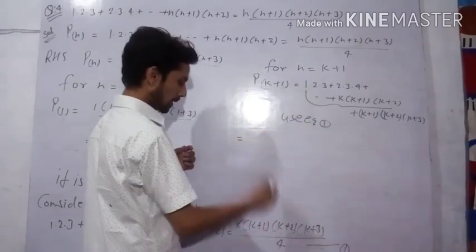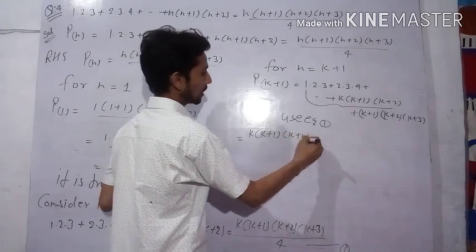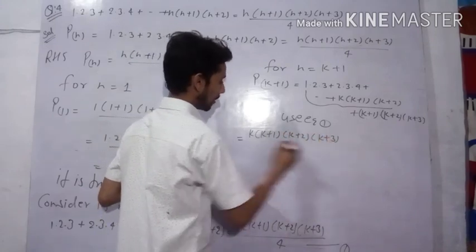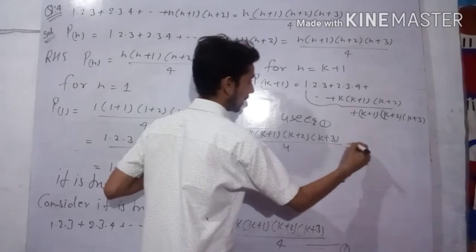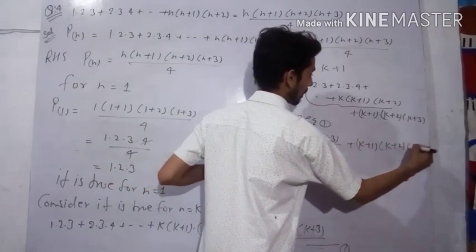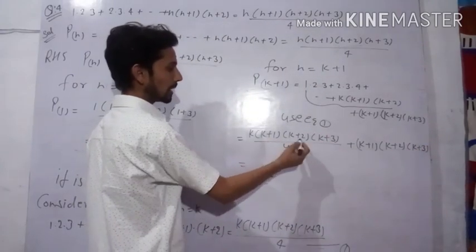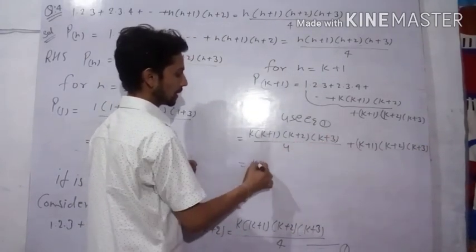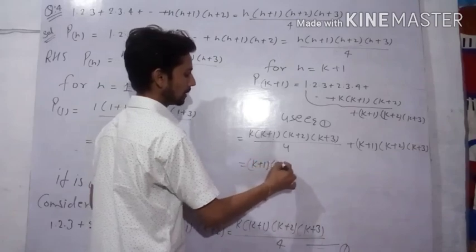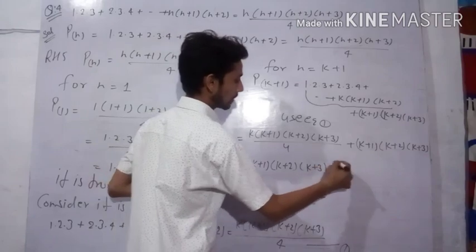This is k(k+1)(k+2)(k+3)/4 plus (k+1)(k+2)(k+3). So (k+1)(k+2)(k+3) is common.